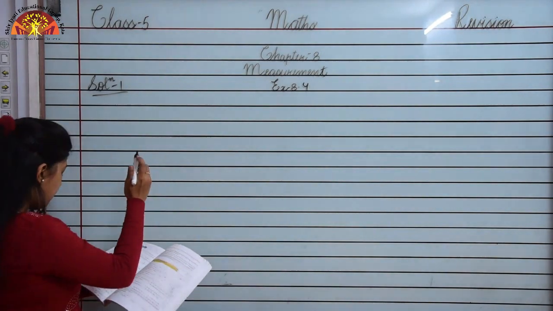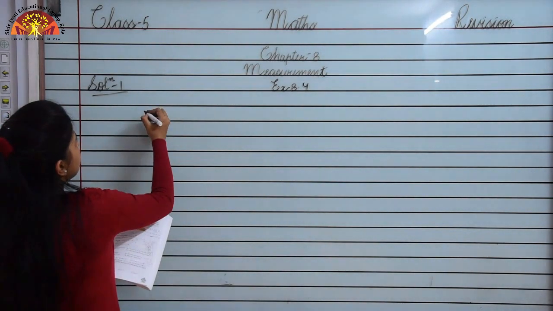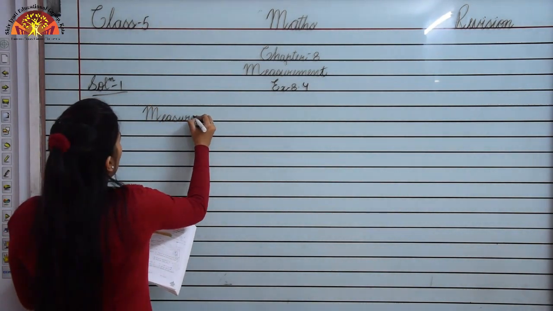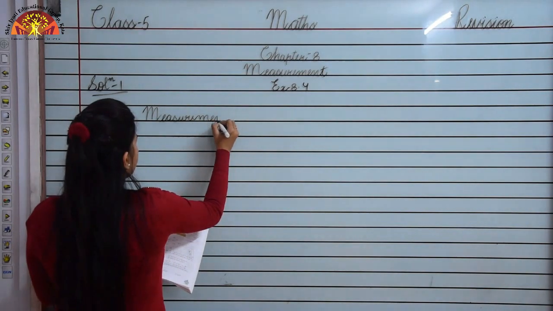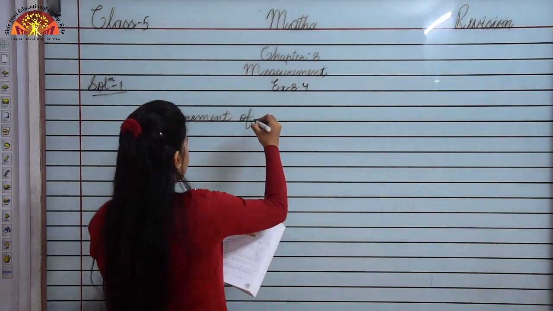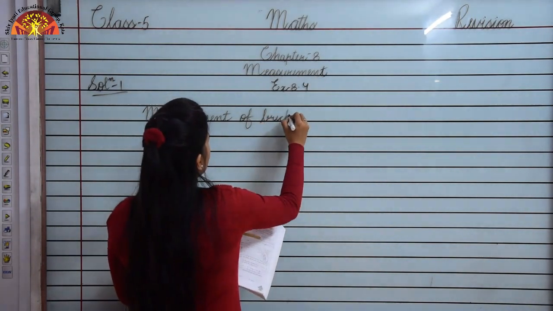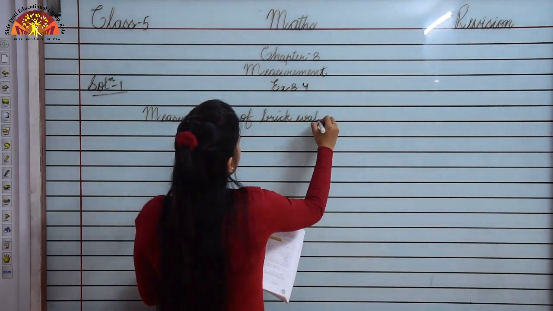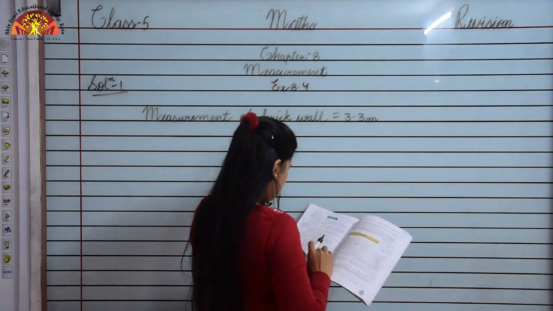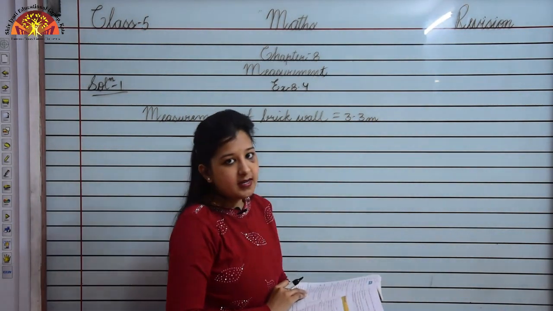write the statement also. So first statement is measurement of brick wall equals to 3.3 meter. Students, measurement of brick is given in centimeter.